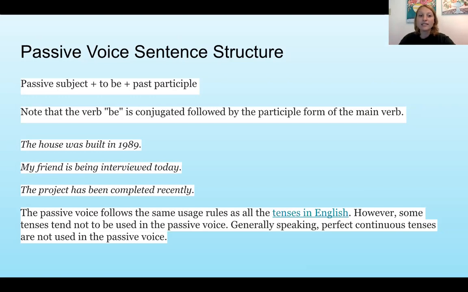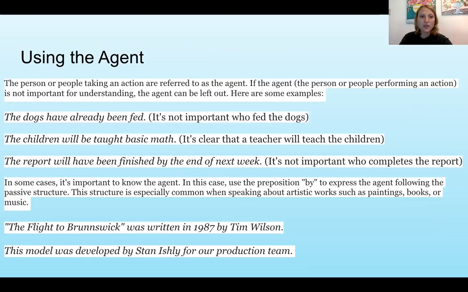So my friend is being interviewed today. Who is the friend? Who are you that you're related to the friend? Lots of who, what, when, where, whys have to be asked in these questions and for these sentences. Okay, so let's get along to the next slide.